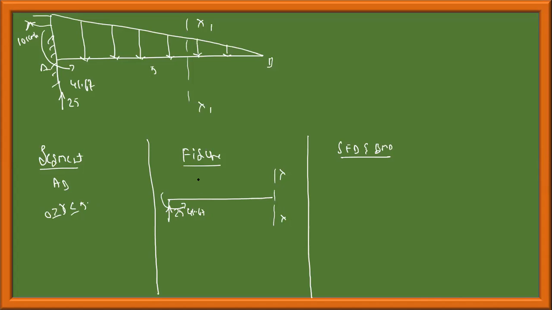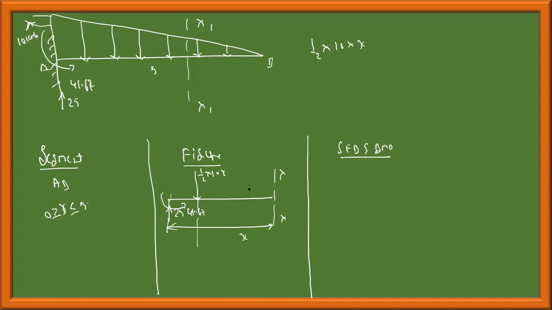At the centroid, there is a load of magnitude half into base 10 into height x, and this distance will be x by 3 from the section, and the other 2x by 3.